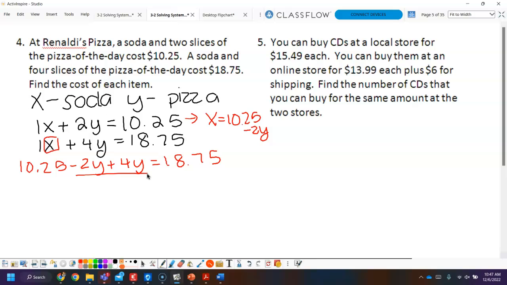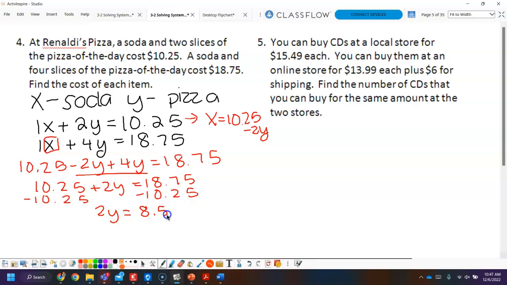Combine like terms. So I get 2y is 8.50. So divide by 2. And I get a single piece of pizza is $4.25.